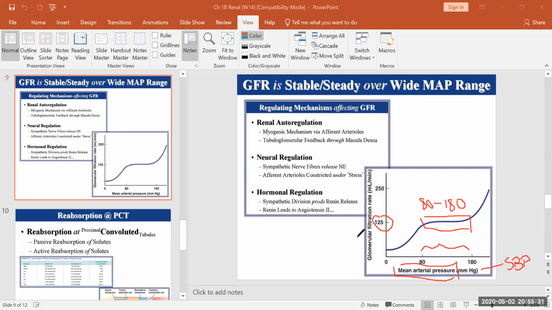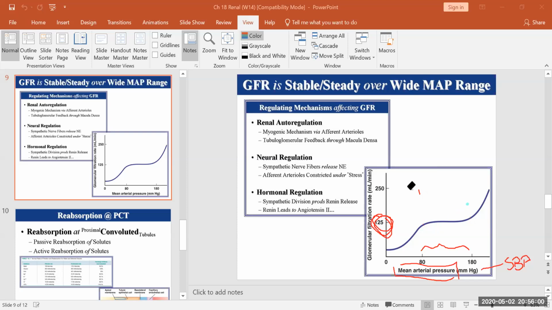So there are three mechanisms available to maintain this glomerular filtration rate constant over a wide range of MAP fluctuation in our systemic blood pressure.